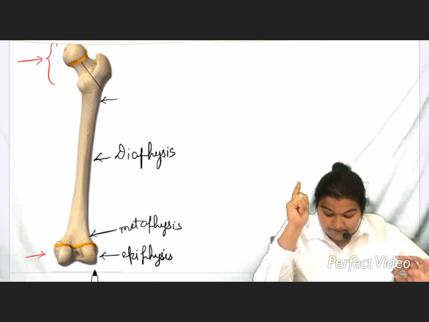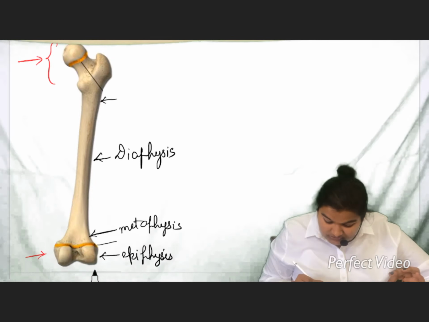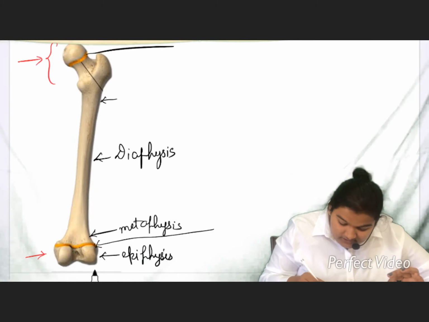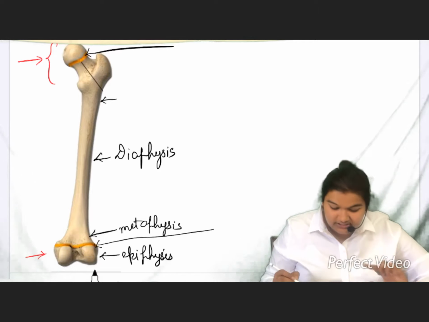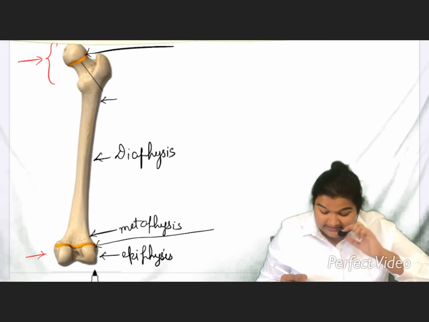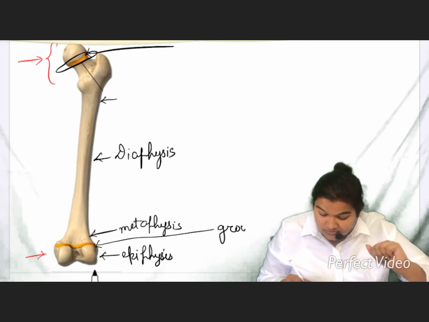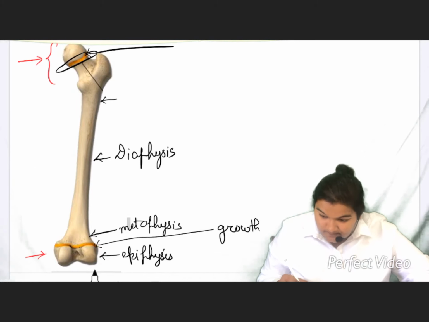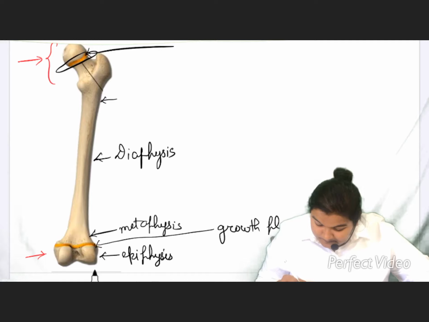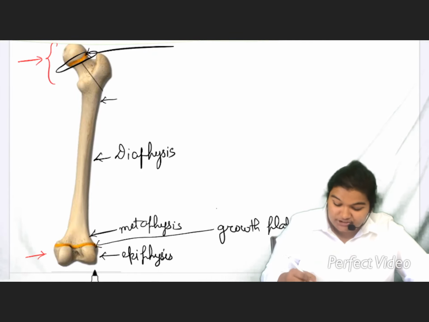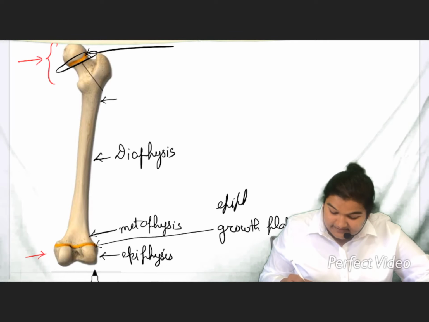Between the metaphysis and epiphysis, we get a thin layer, and that layer is called the growth plate. Here we have this yellow part, and this yellow part is called the growth plate. Let us write it down. The other name for the growth plate is epiphyseal plate.